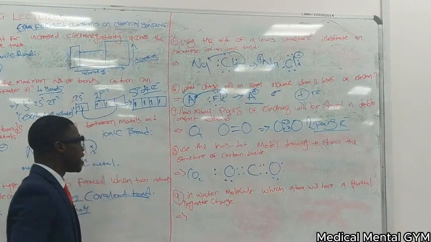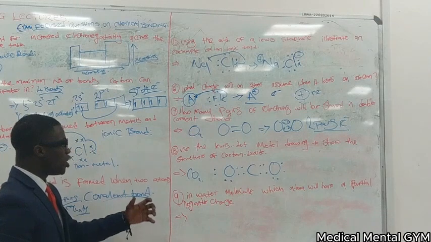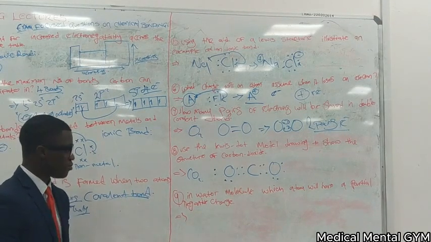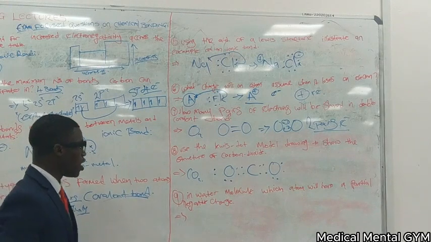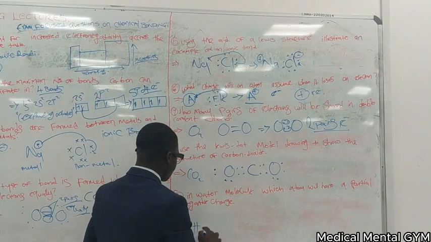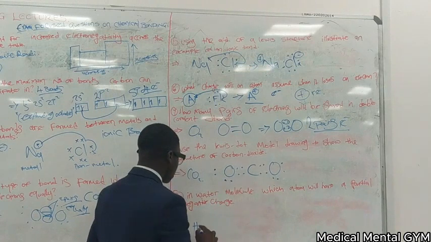Question 9. In a water molecule, which atom will have a partial negative charge? Okay, so let's draw the atomic structure of this water molecule. A water molecule has 2 hydrogens bound to 1 atom of oxygen.